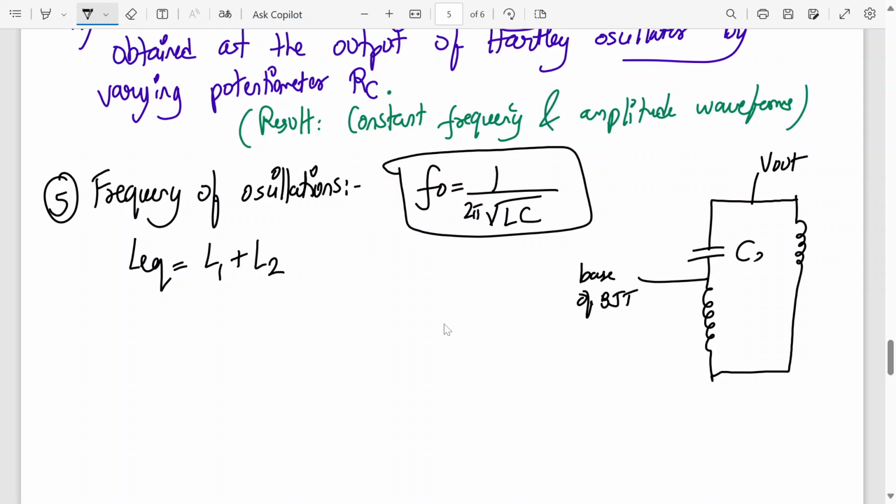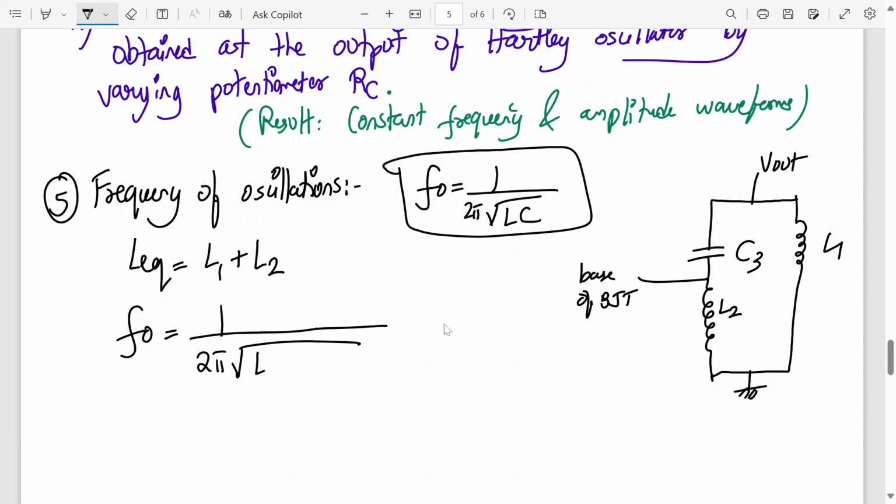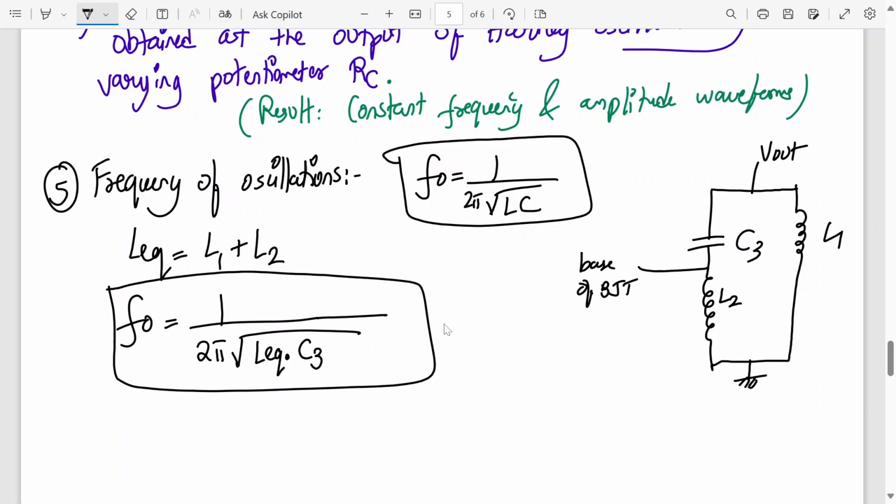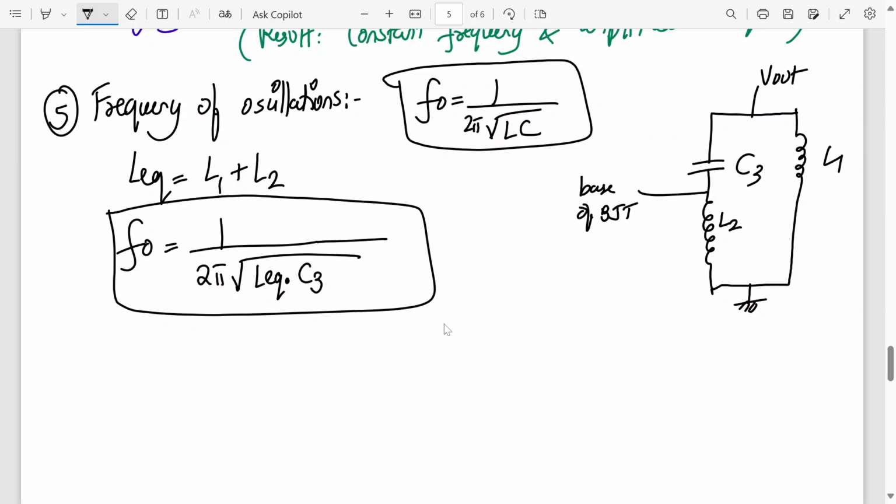This is capacitor C3, this is L2, L1, and this is ground. So L equivalent will be L1 plus L2, and the frequency formula will be 1 upon 2 pi square root of L equivalent into C3. So the frequency is changed by only changing the L and C over here. Please write down this formula.